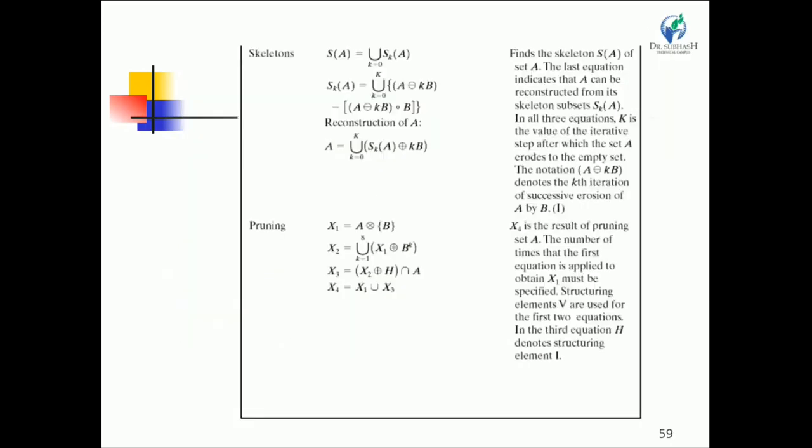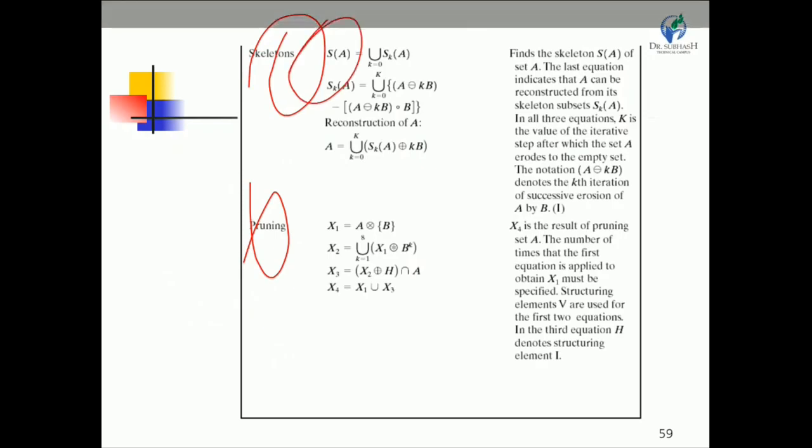The last ones are skeletons and pruning. These are two properties of morphological image processing. The skeleton can be found with the function of skeleton of A. The last equation indicates that A can be reconstructed from the skeleton subsets S of k.